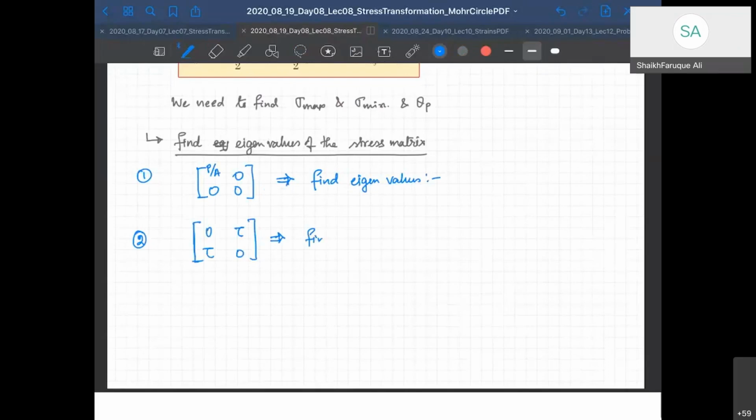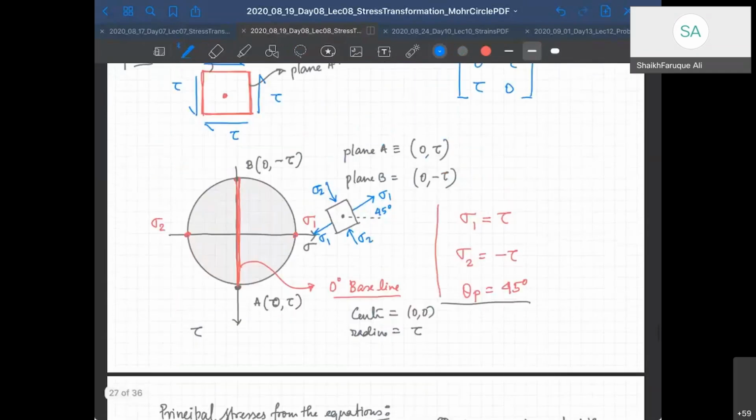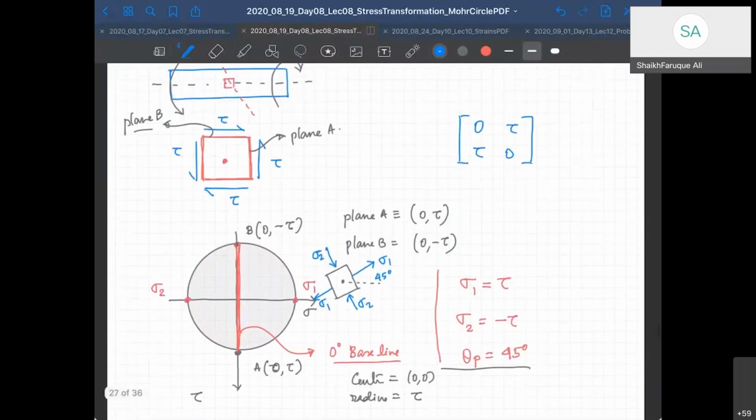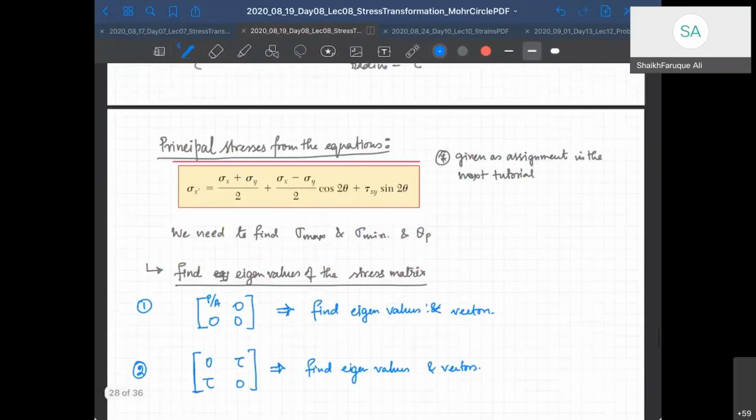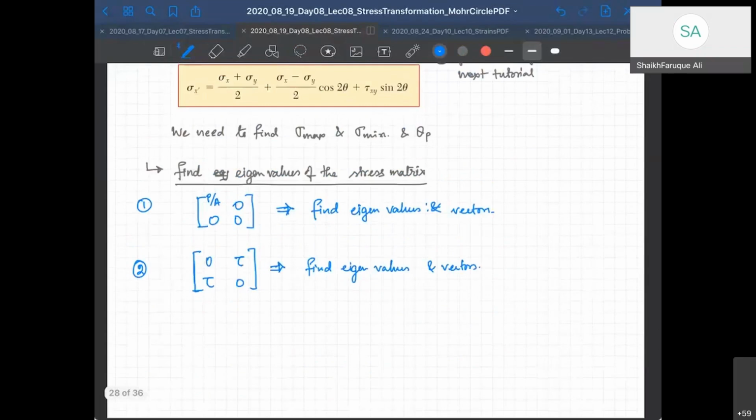Find the eigenvalues and vectors. And you'll see you get back to the same result that we got here. Okay. So the eigenvalues and eigenvectors of the stress matrix provide you the principal stresses and the directions of the principal stresses.